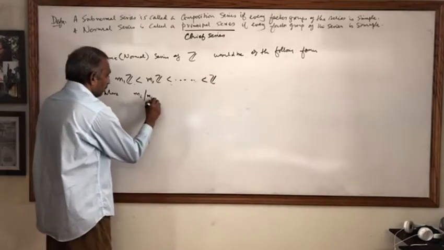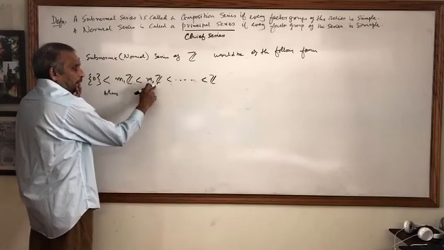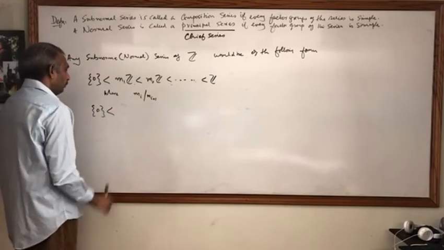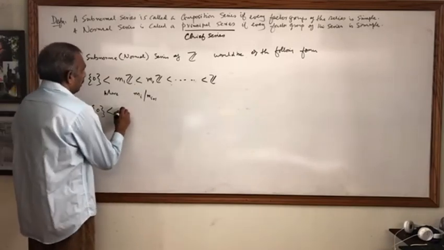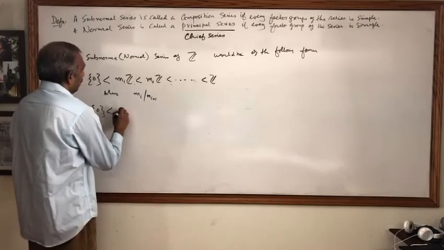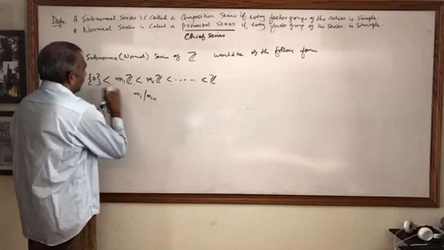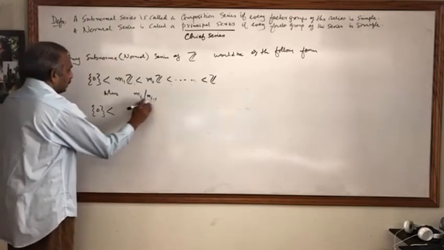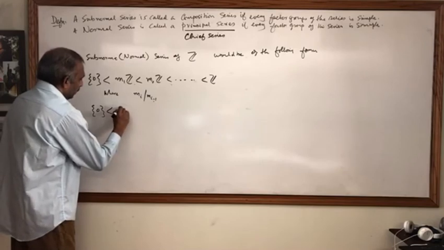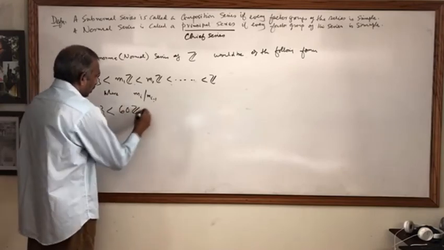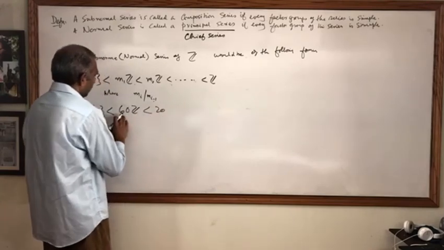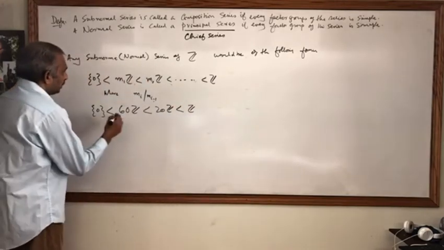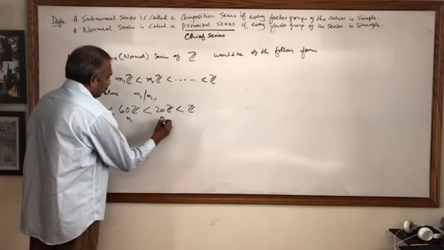Sorry, M1 divides M2. For example, you take 20Z and Z. So this is our M1, this is M2.